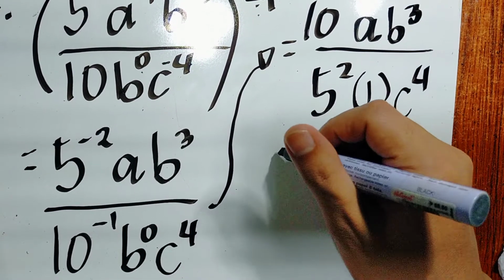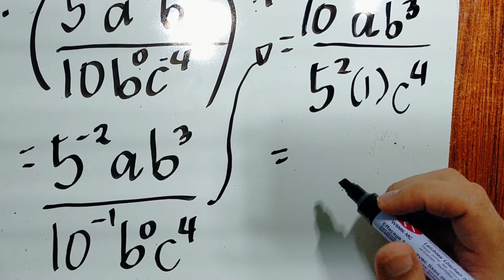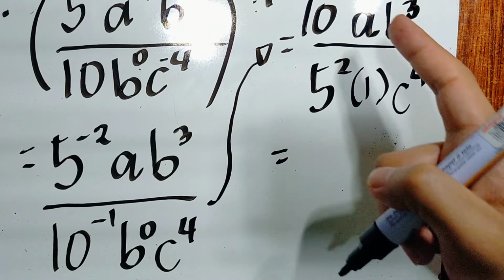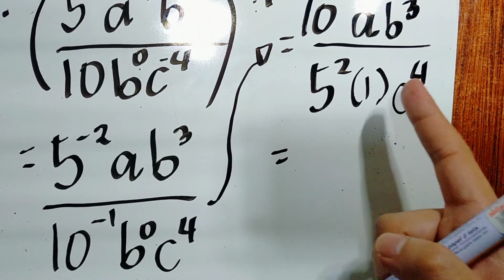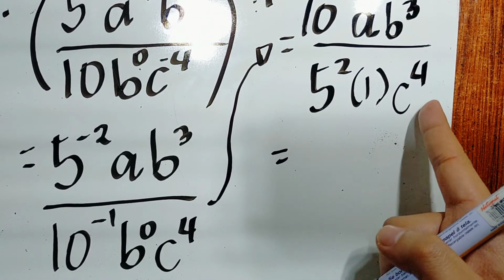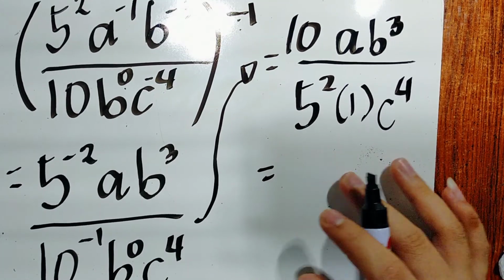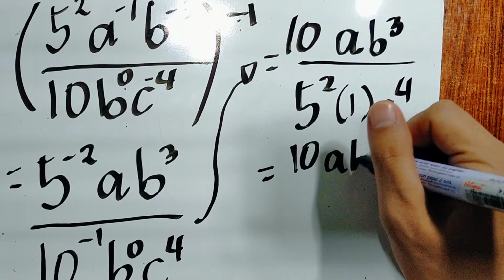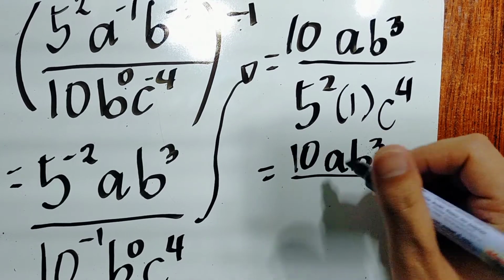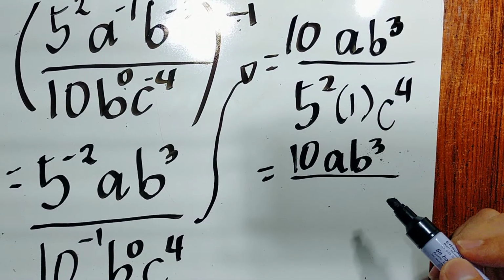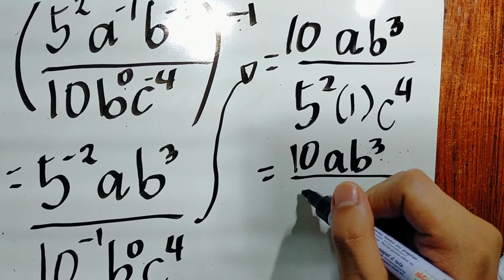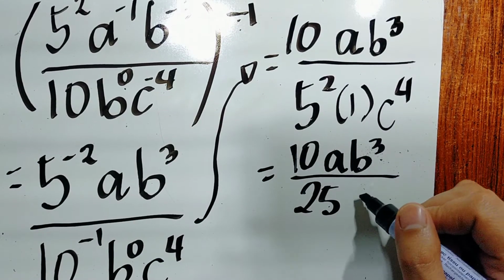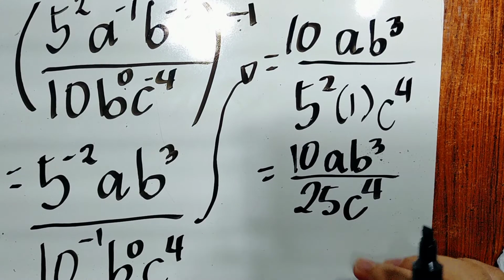So, that would be 10 a b cube over 5 squared c raised to 4. So, simplify natin. 10 a b cube over, what is 5 squared? And that is 25. Yung 1, kahit di na natin ilagay. So, c raised to 4.